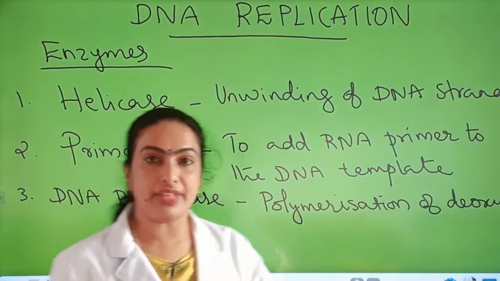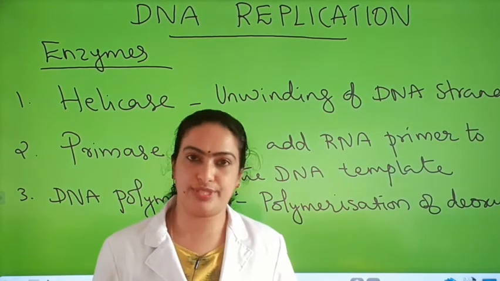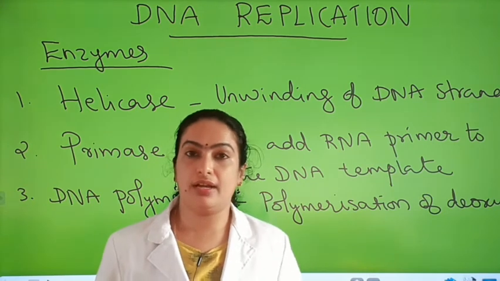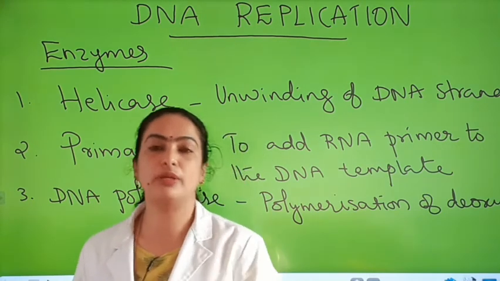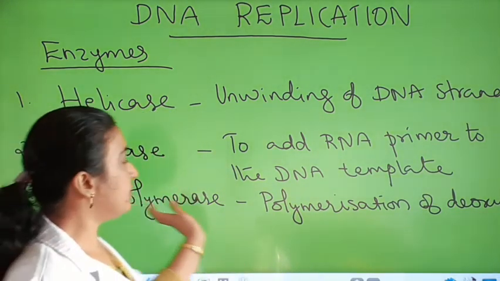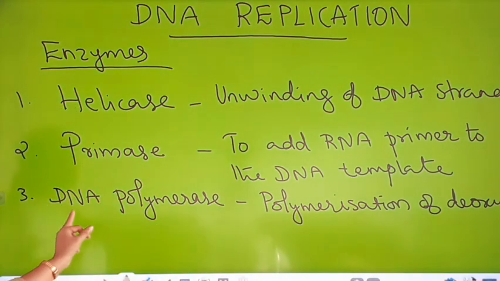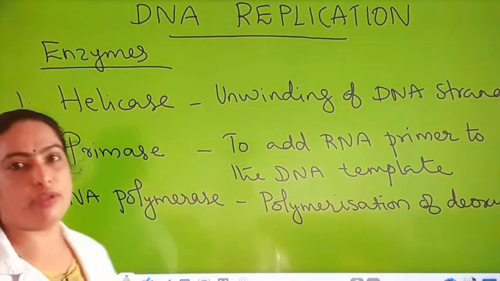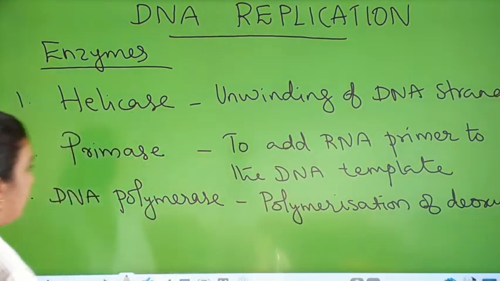That means the elongation or the extension of the nucleotides. The new nitrogen bases are added through this polymerization process. So, the extension or the synthesis of the new strand is accomplished by this enzyme, DNA dependent DNA polymerase. This is the important enzyme in the DNA replication process.